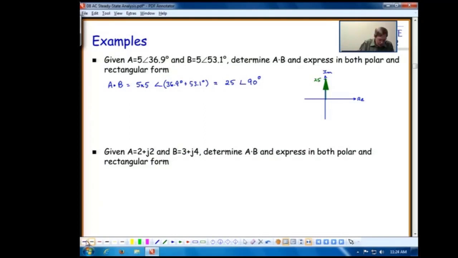So in rectangular form, a times b here equals 0 plus j25. And you could also get that by converting the polar form 25 angle 90 to rectangular form. So you'd have 25 cosine 90, which is 0, plus j25 sine 90, which is plus j25.